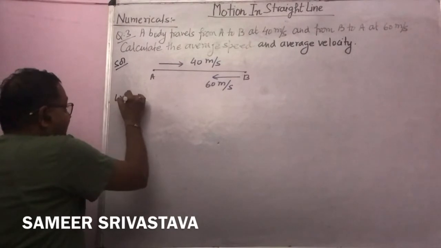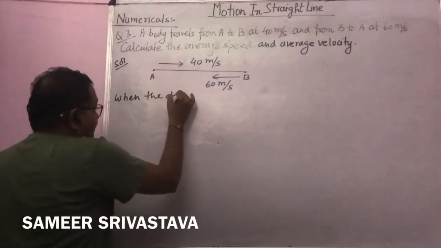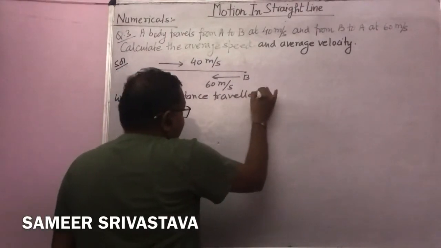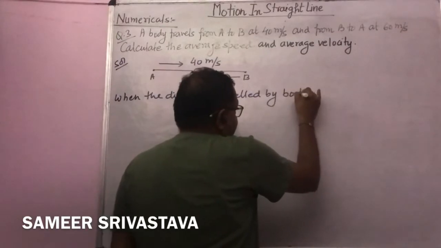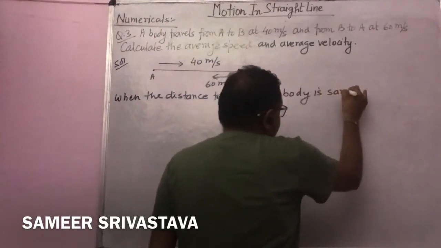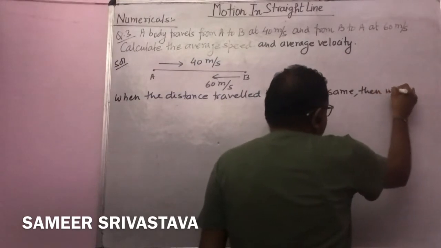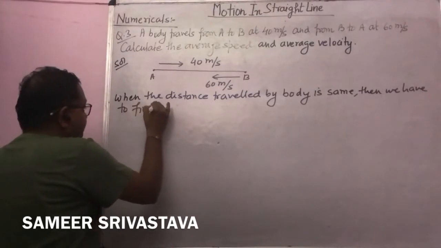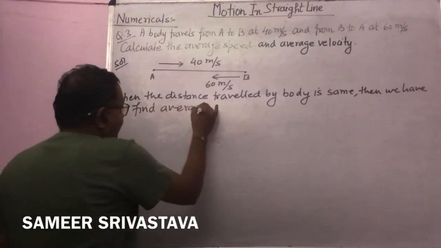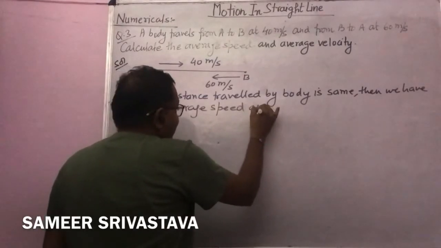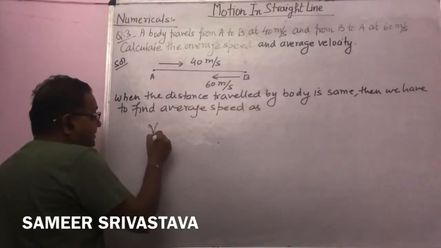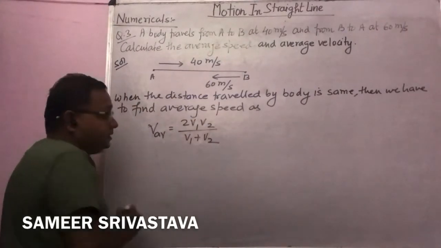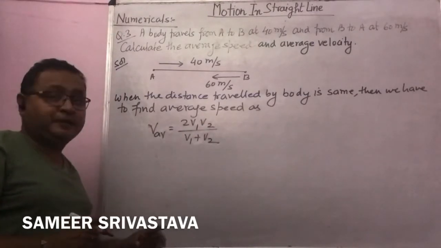So when the distance traveled by the body is the same, then we use the formula V average is equal to 2V1 V2 upon V1 plus V2. I discussed this formula in my earlier videos.